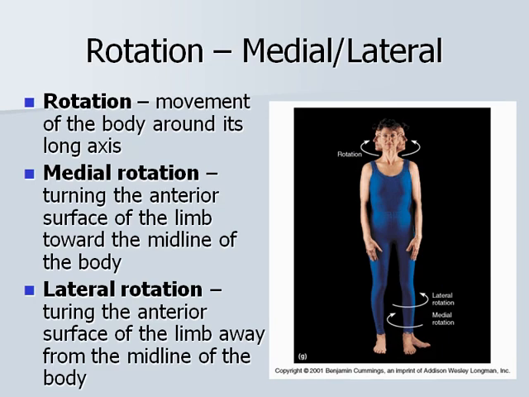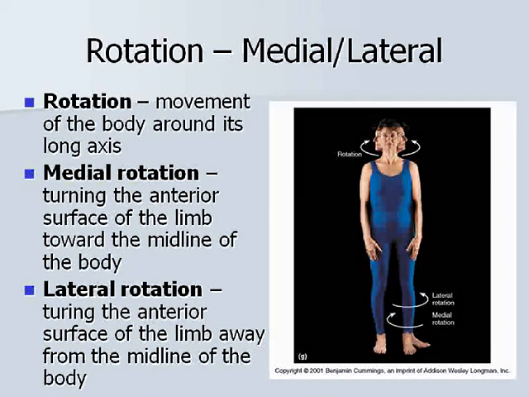Rotation. You can have medial rotation or lateral rotation. Rotation itself is movement of the body around its long axis. Your long axis is another word for median plane. We're usually talking about the limbs when we talk about rotation. With medial rotation, the anterior surface of the limb is rotated towards the midline.